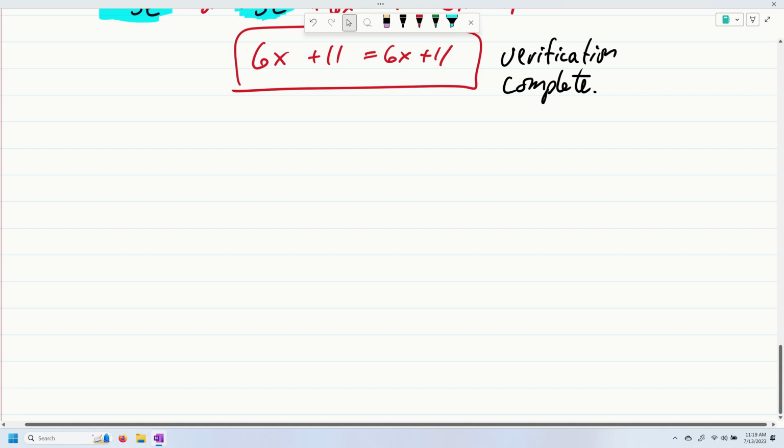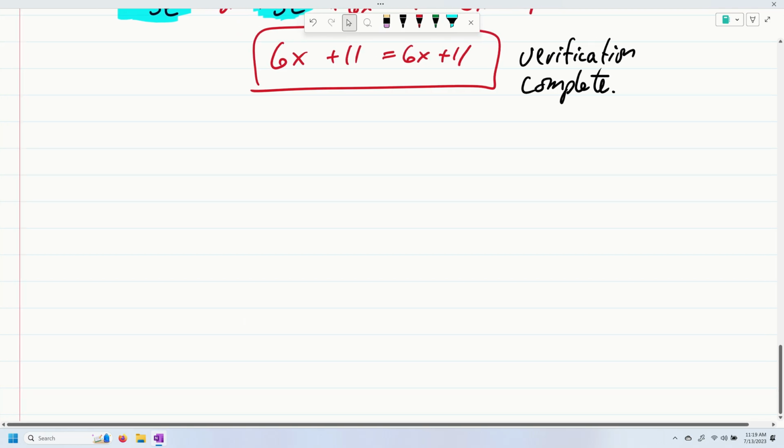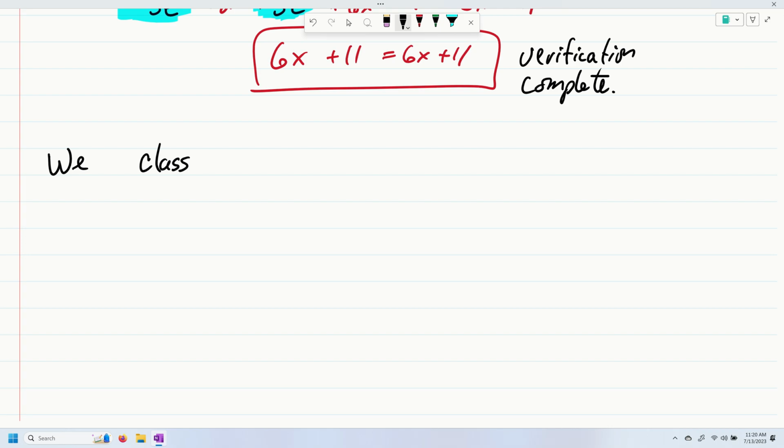Now, the next thing I'm going to go over here is how to find the order, which is a way that we classify differential equations. There are other ways too, but since we're just learning this, we're going to keep it simple. So we classify differential equations by their order.